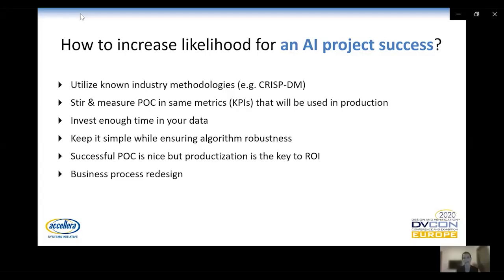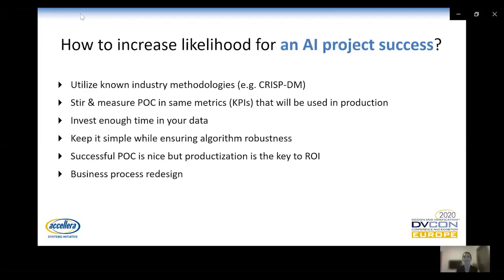Last but not least, AI in many cases, when implemented as part of a business process, requires redesigning the business process. As I said, it requires change, and you need to be working with the right individuals in order to redesign how a certain business process is going to work with an AI component inside of it.